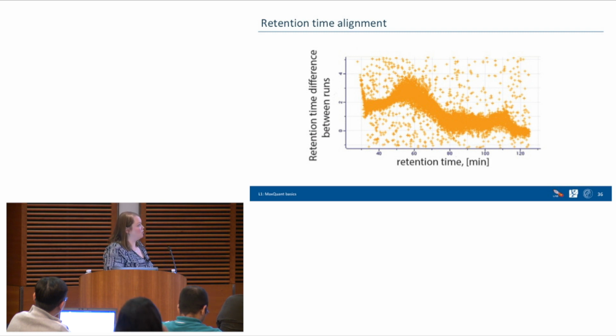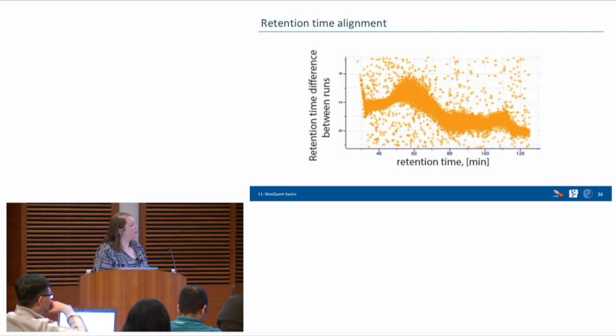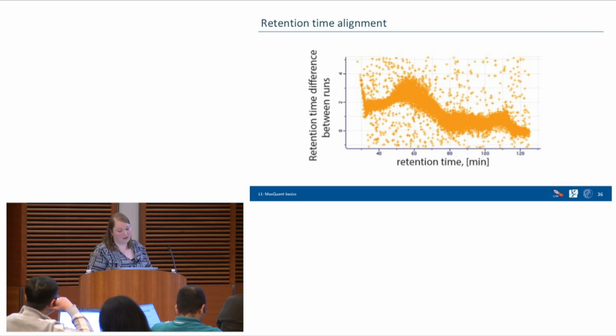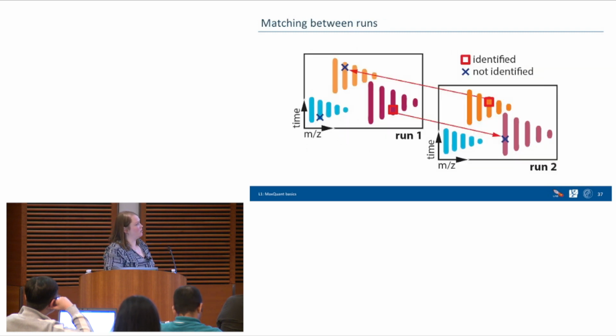So here we also have a nonlinear retention time alignment, and this helps us to get the correct retention times, which is important for the match between runs. Here, for instance, we have 2 runs with isotopic patterns, and we can see that in one run the peptide is not identified, but in the second run it is identified. With these accurate masses and retention times, we can then look in the other run to see if we have a signal there, which we can then use for the quantification.